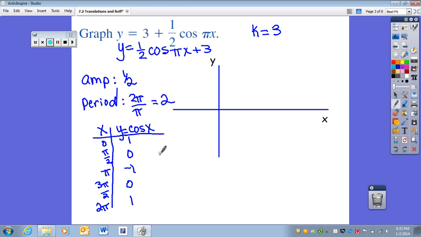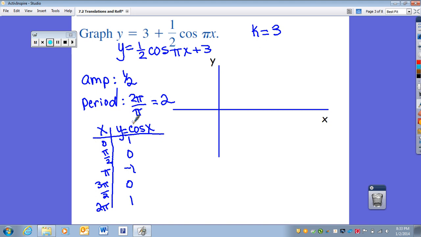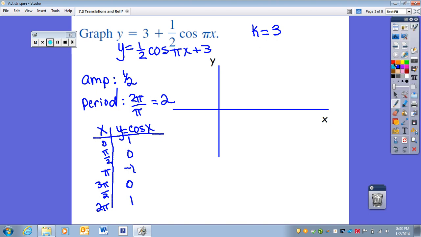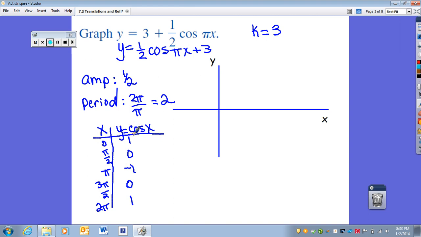So we'll use those basic functions to do our shifts and our transformations. We'll start with our amplitude. Instead of our regular amplitude being at positive 1, we're going to switch it to be 1/2. So that's going to change this to be 1/2, keeping this at 0.